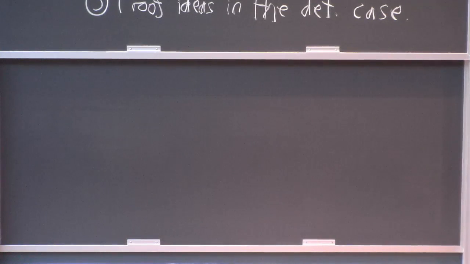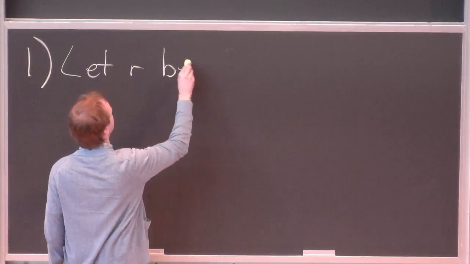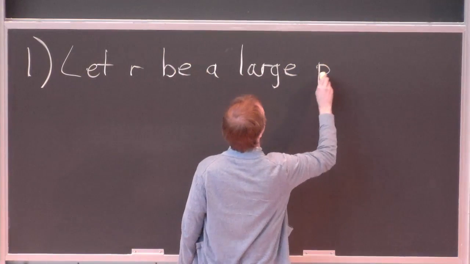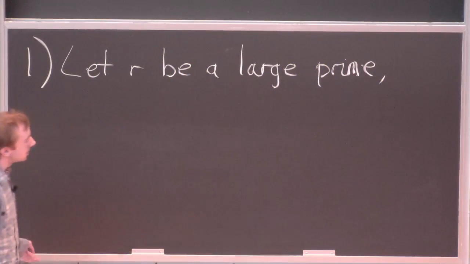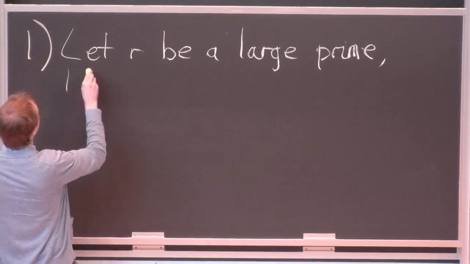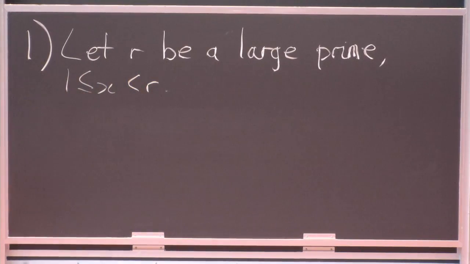So I want to start with a very straightforward problem, hopefully. I'm going to let R be a large prime, because P and Q will be used for other things later. And X somewhere between 1 and strictly less than R, let's say.